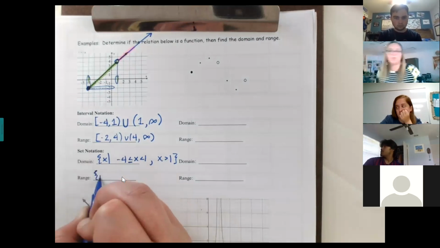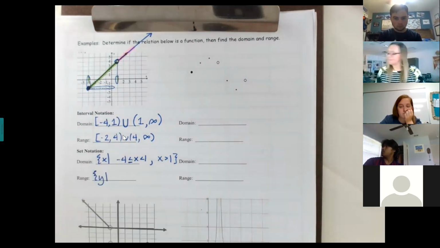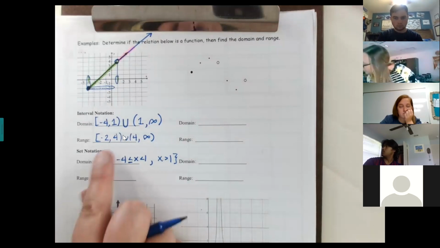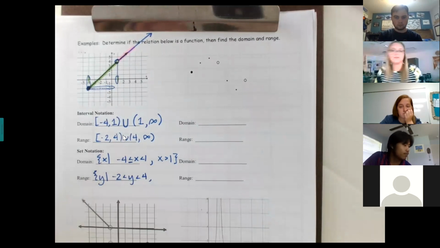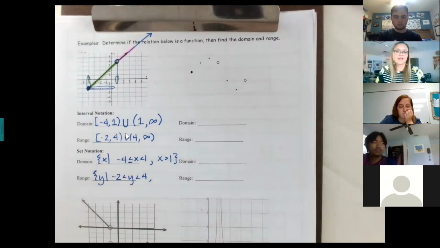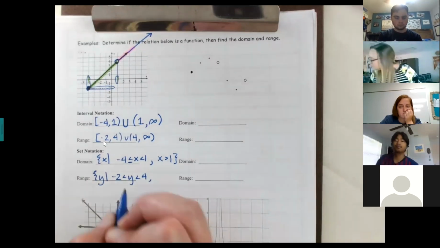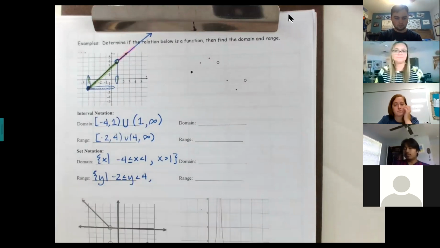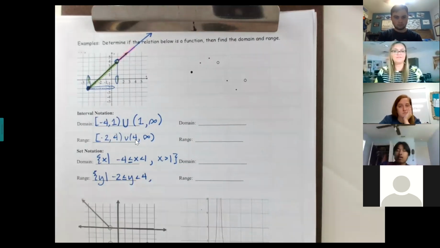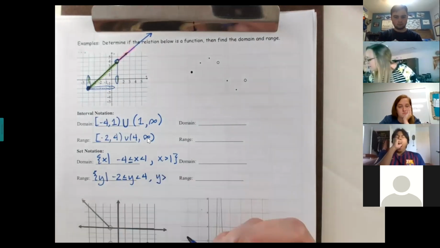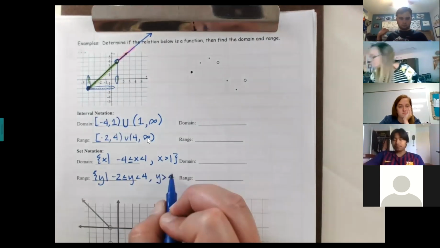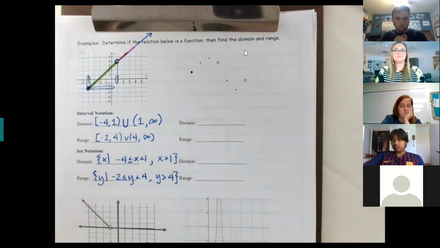Make sure you use a Y. And then we would say -2 less than Y less than 4, comma. And then I would see my -2 is closed in, so I'm putting that right there. And then from 4 to infinity, I would use a Y greater than, and then my 4.